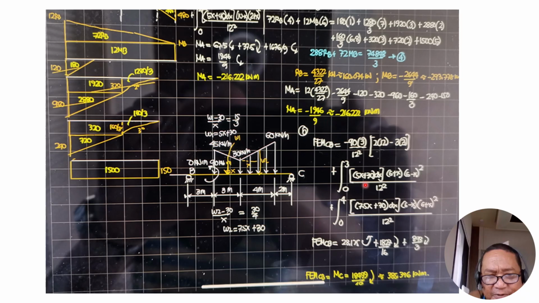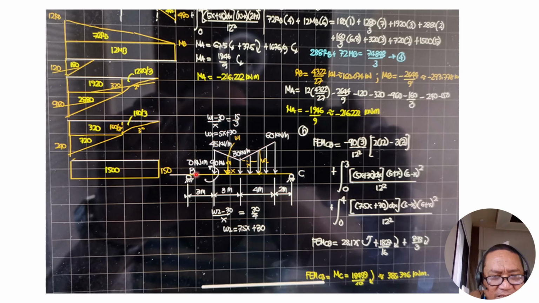So for the second part, this is W1 dx dp. So W1 dx, the distance of this strip from C, the near end, is A, and that is 6 plus x. That's why A is 6 plus x.